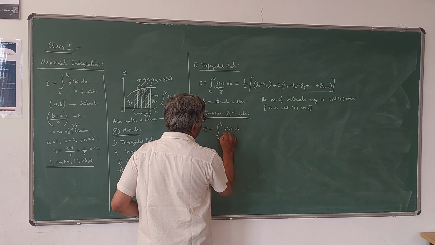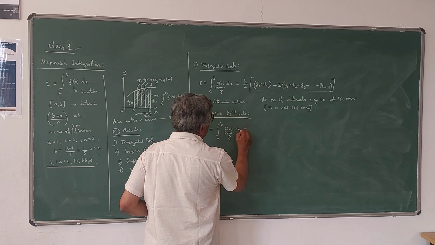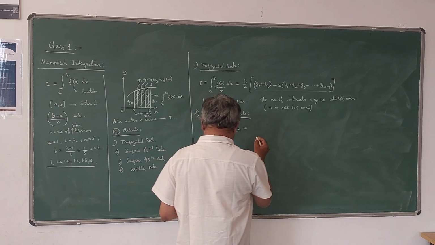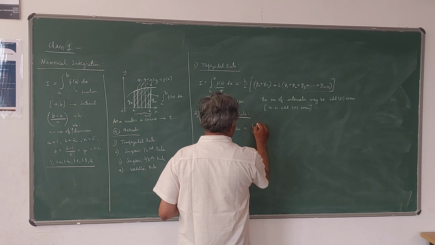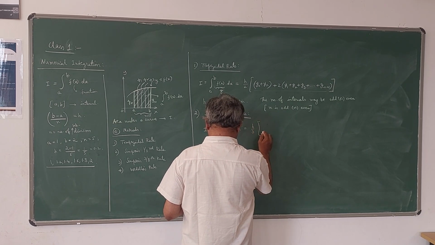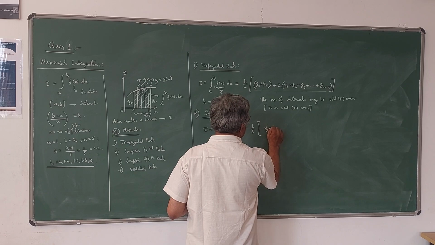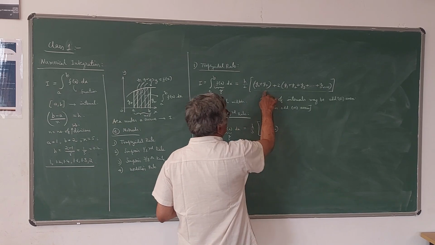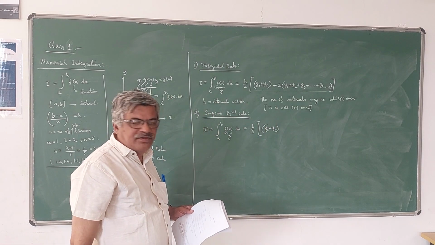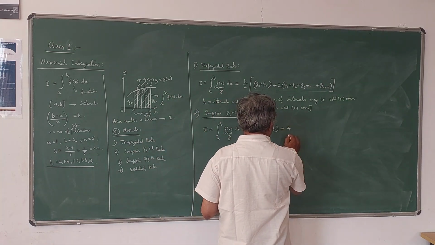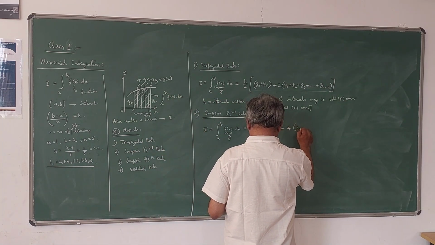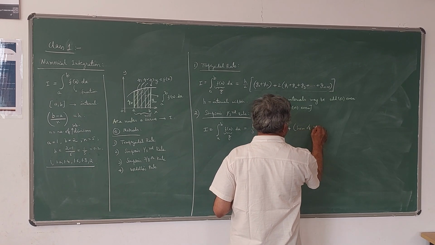So h by 3 into y naught plus yn. The first two terms are the same as in the trapezoidal formula, plus 4 times the sum of odd ordinates.